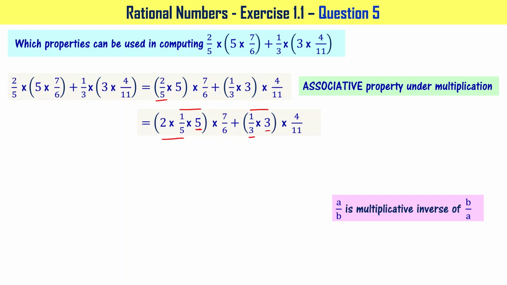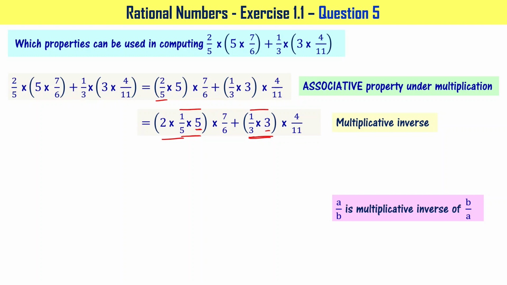We know a by b is the multiplicative inverse of b by a. It means 1 by 5 is the multiplicative inverse of 5 and 1 by 3 is the multiplicative inverse of 3. When you multiply two numbers which are multiplicative inverses of each other, what we get is 1, right?